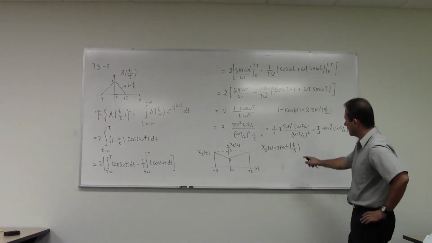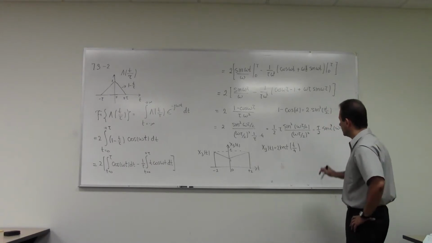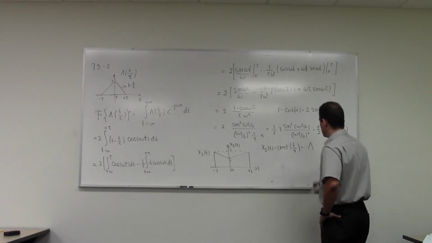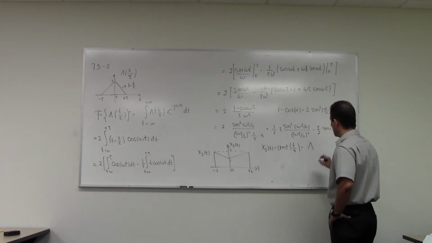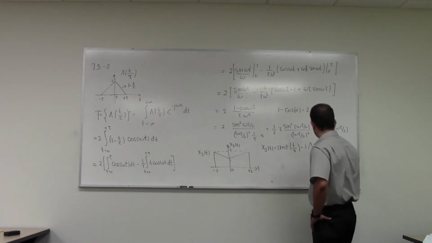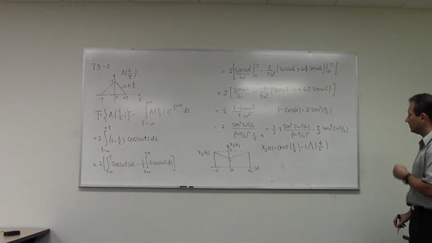So it's a rectangular pulse of the duration 4 and the magnitude of 2. And then I can say this is minus this lambda pulse that has a magnitude of 1, that is centered at the origin as well, and then the tau in this case is 2. Right. So that's the x3 of t.